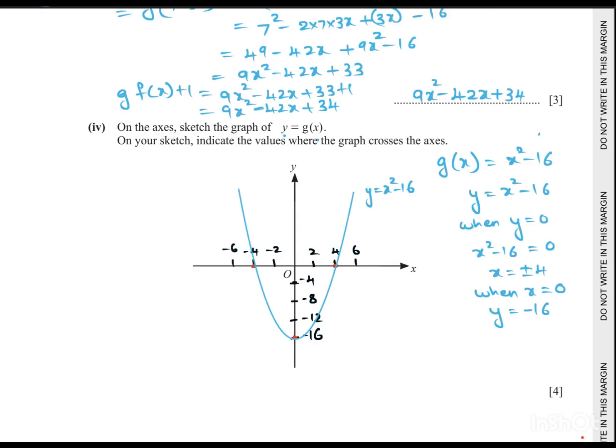And the values are 4, 0, minus 4, 0. And the turning point is 0, minus 16. That's it.